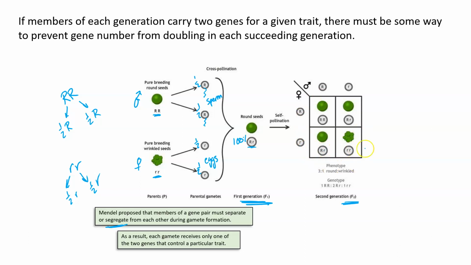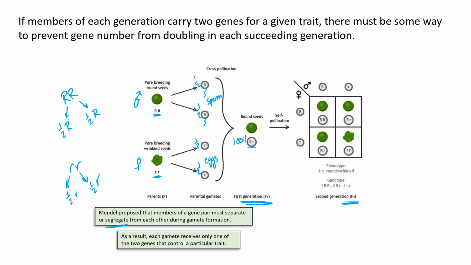And when you put them together in a Punnett square, the big R's come together and produce a homozygous dominant F2 offspring. Big R, little r comes together to produce a heterozygous F2 offspring. Big R, little r comes together to produce a heterozygous F2 offspring. And then little r, little r comes together to produce the homozygous recessive F2 offspring.